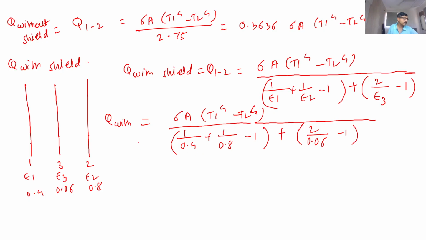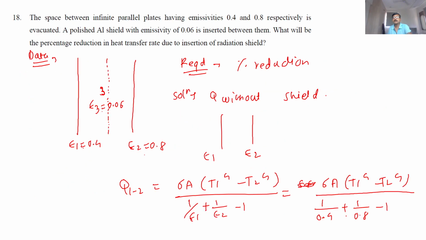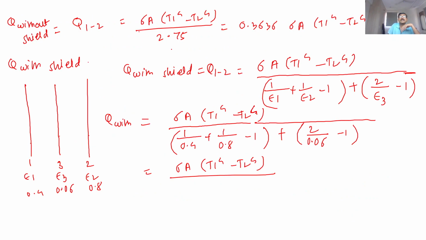So if I calculate it, it comes as sigma A (T1 raised to 4 minus T2 raised to 4) divided by, this bracket has already been calculated. Look, this value comes around 2.75. So 2.75 plus, if I calculate it, it comes to 32.33.